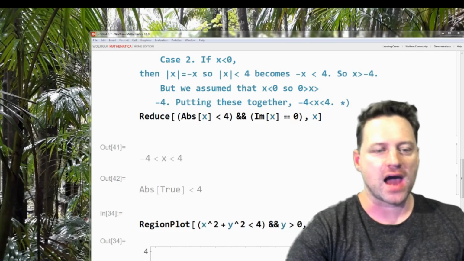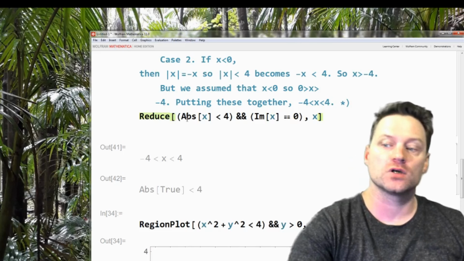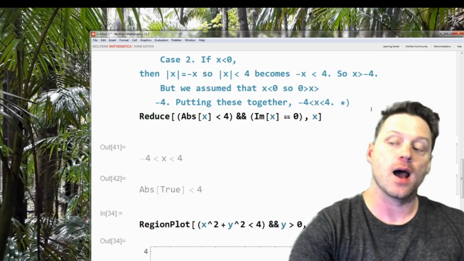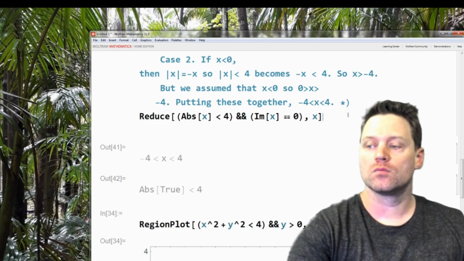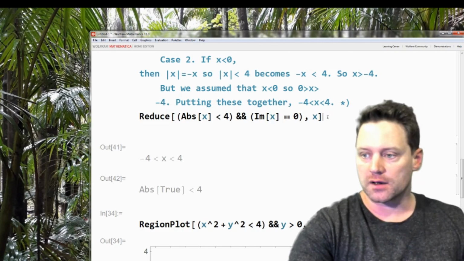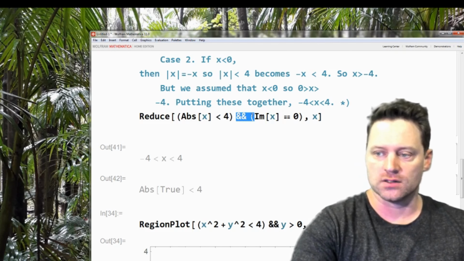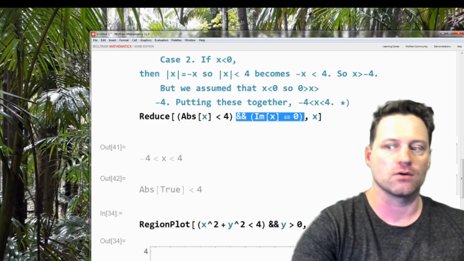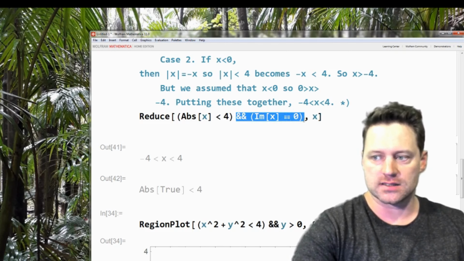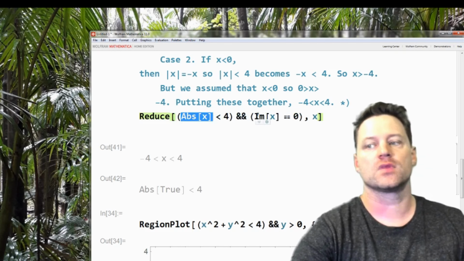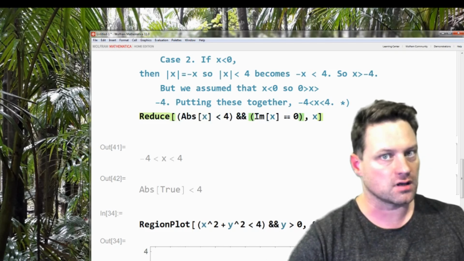Coming back to this, I found what you need to do in order to solve this inequality with Mathematica and get the right answer. What you have to do is also state that the imaginary part is equal to 0, because it's thinking of this as a complex function, even though you're thinking of this as a real number.